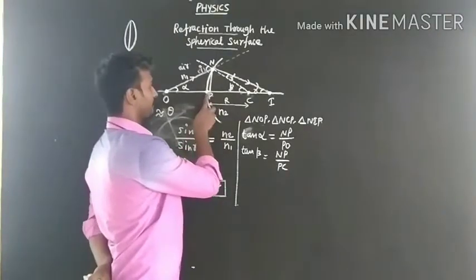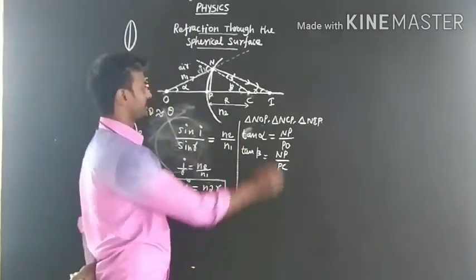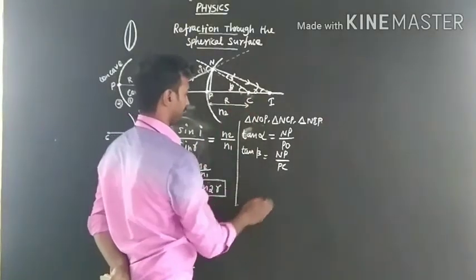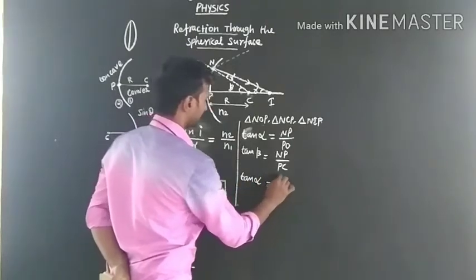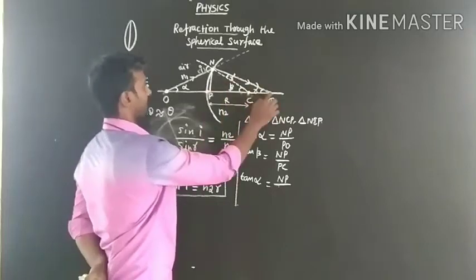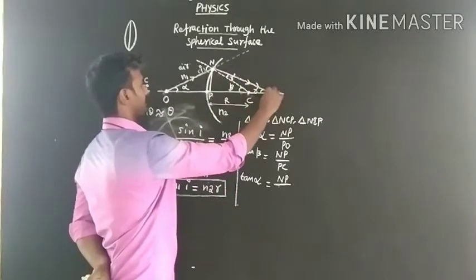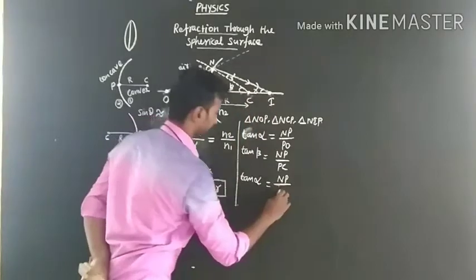Therefore, you don't say CP, you say only PC. So the distance is measured from the point P, therefore PC. Similarly, tan gamma is equal to NP divided by, for this triangle, opposite side NP, adjacent side PI.